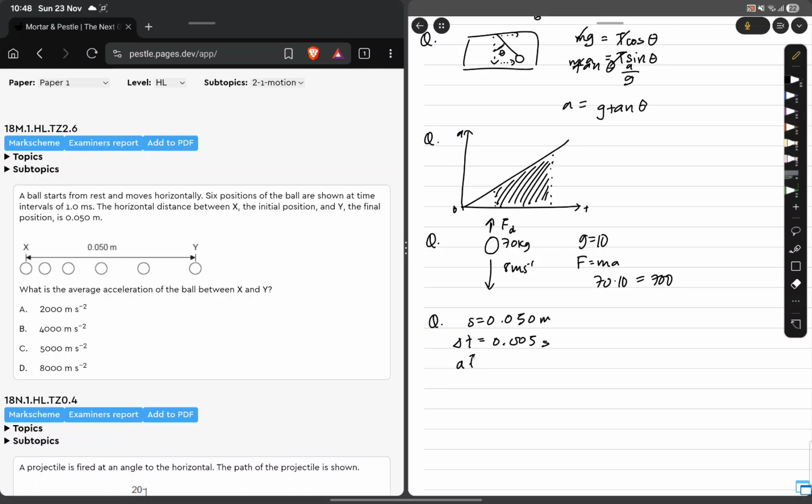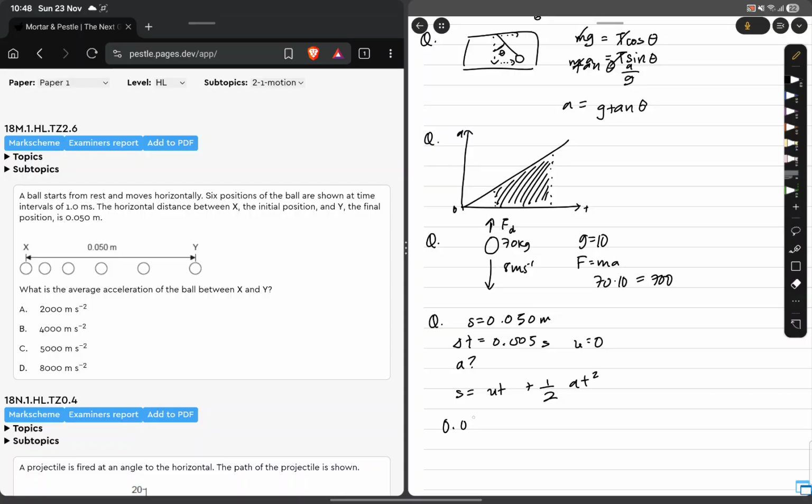Where we're going to use that equation, since the u is also 0, s equals ut plus half at squared, and we're going to look for a. So u is 0, and we plug in our numbers.